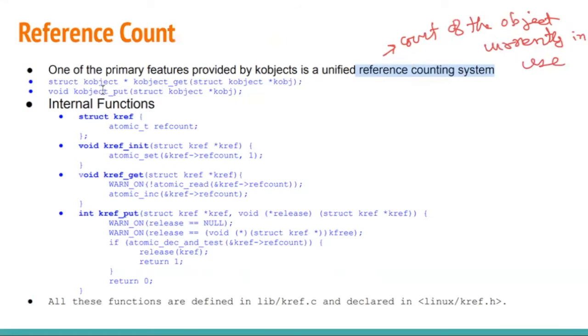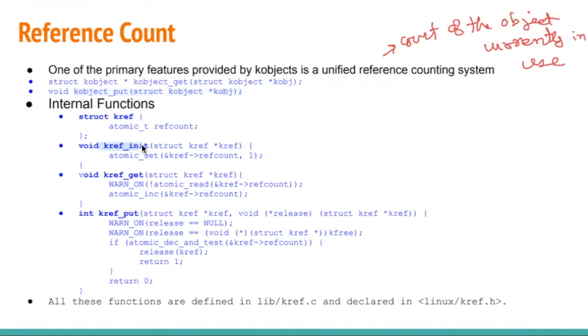So if some kernel code is using this kobject or device, at that time it will run the function kobject_get. In this function we will increment the reference count, and when the use of that kobject is done, then that particular kernel code will call the function kobject_put. In this function we will decrement the reference count.